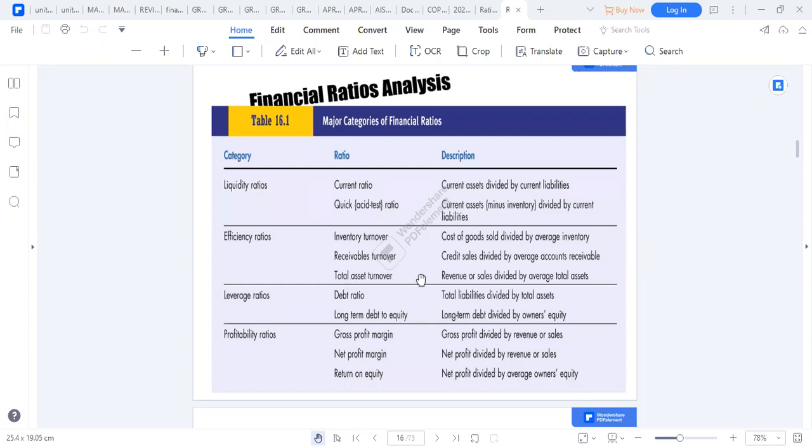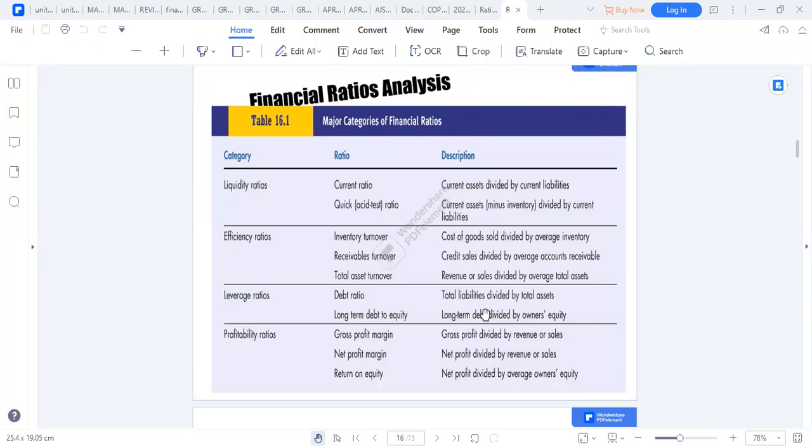The total assets turnover simply looks at the contribution that the assets have on the sales. We also have leverage ratios, which show us our debt to equity ratio, how much debt we have in our capital structure compared to the equity. The long-term debt to equity ratio looks at the long-term debt that we have against our equity.